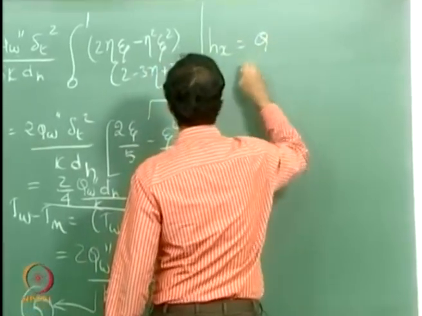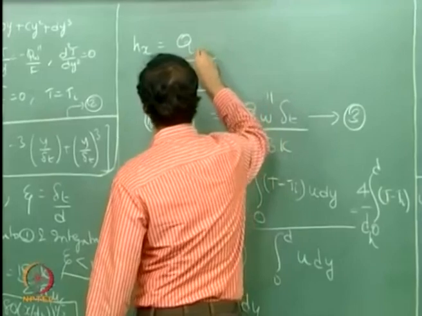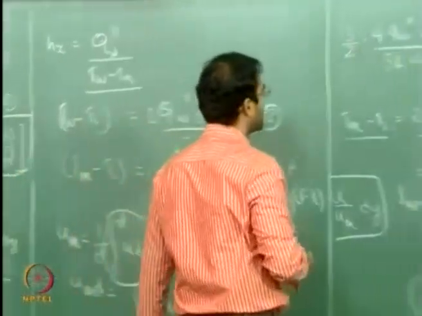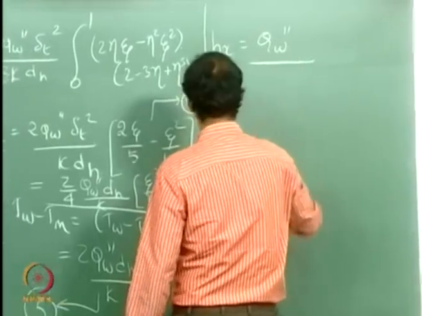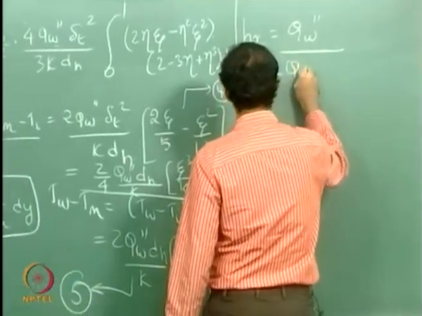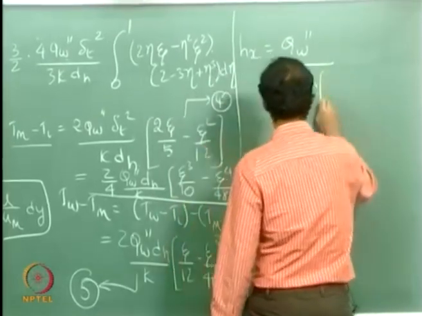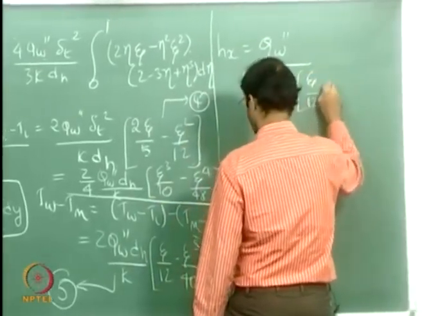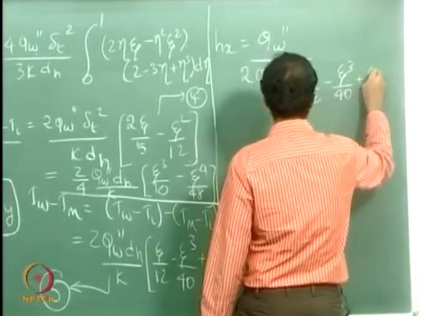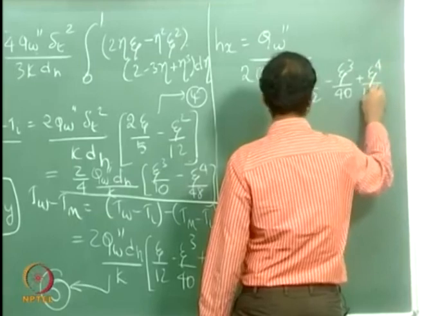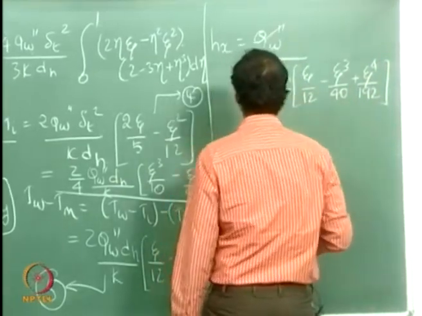So Hx will be nothing but Qwall double prime, that is your constant heat flux applied to the plates, divided by this particular expression here for Twall minus Tm. So my Qwall double prime cancels here.